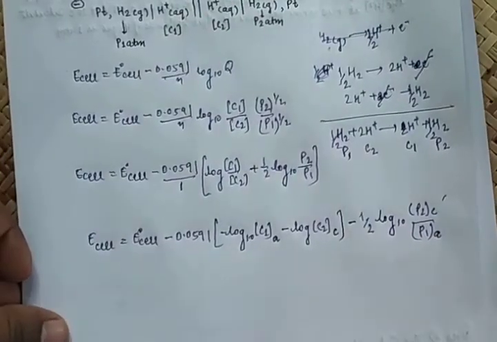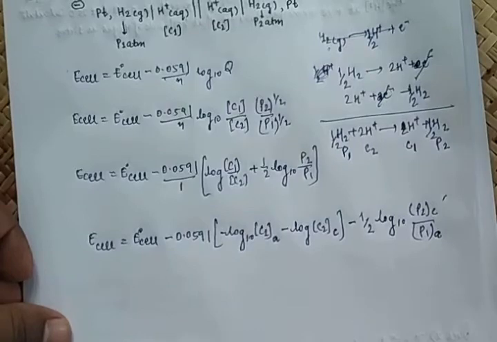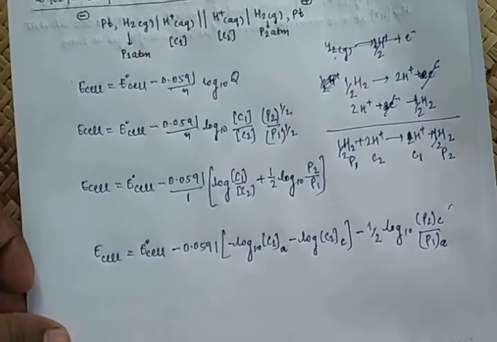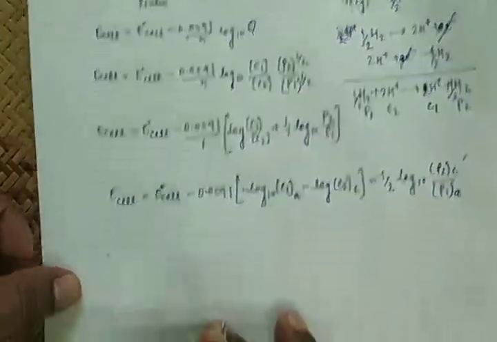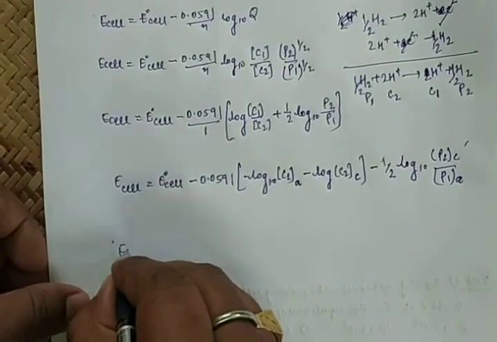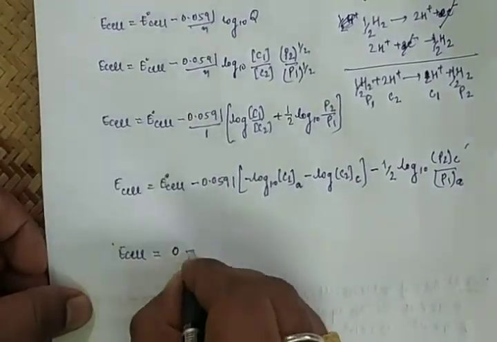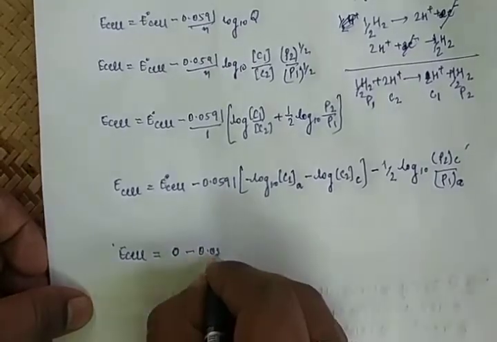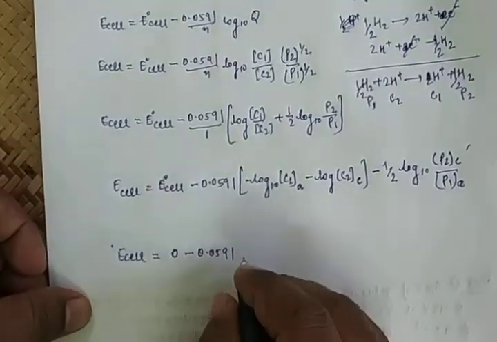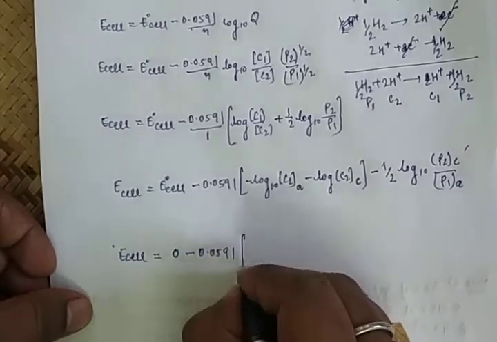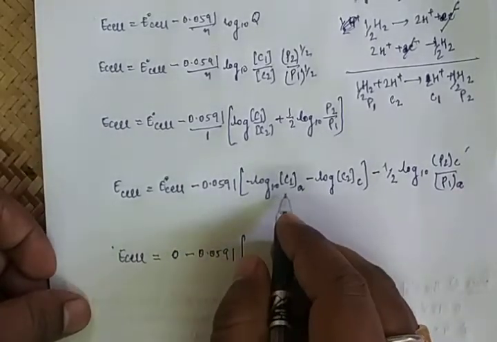Okay, now what is the next term? E cell is equal to E naught cell, which is 0, minus 0.0591, and minus log of base 10 concentration.